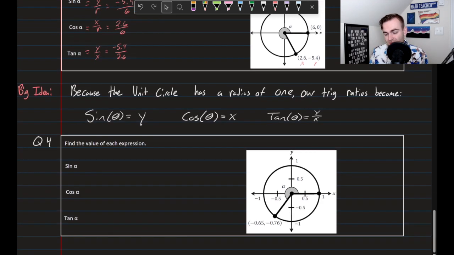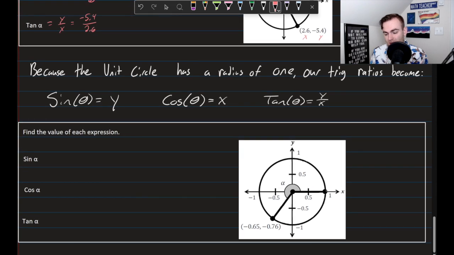So if we look here, we have a unit circle. The radius of the circle is 1. And we have a point negative 0.65 and negative 0.76. Much easier to actually find this information because the sine is the y, which is negative 0.76. The cosine is the x, which is negative 0.65.